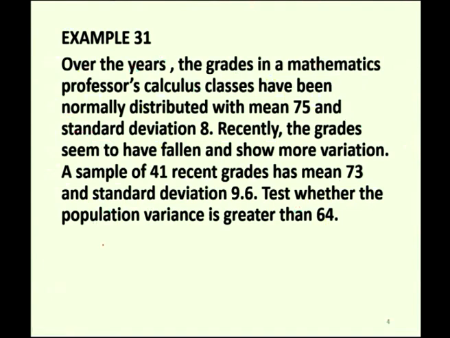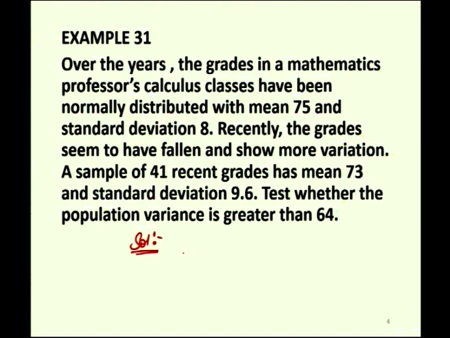So, you are asked to verify whether the population variance is greater than 64. Therefore, only one kind of sample has been given, that is a sample of 41 grades of the mathematics professor's calculus classes, and you are asked to test whether it is greater than 64. Therefore, this is a single variance test. So, that is the identification.